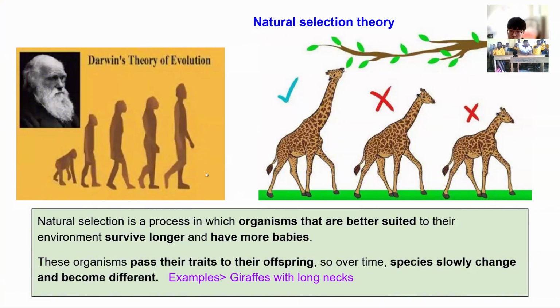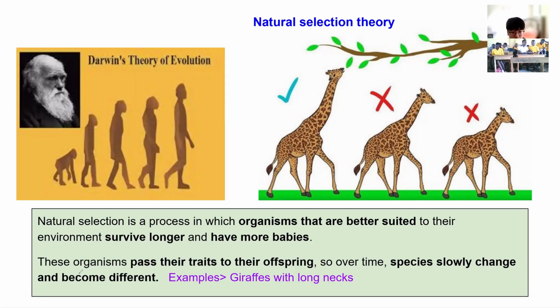Natural selection, as Darwin proposed, is a process in which organisms that are better suited to their environment survive longer and have more babies. So he believed that whatever made organisms survive for longer, they will adapt and evolve to that in the future.